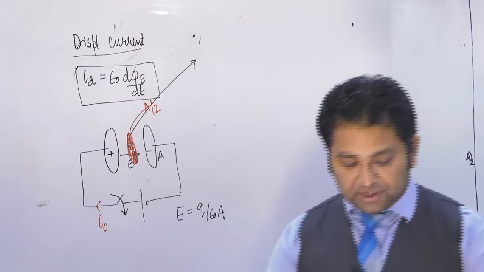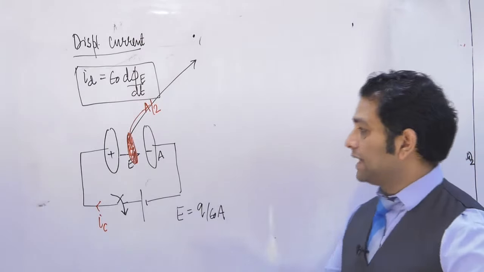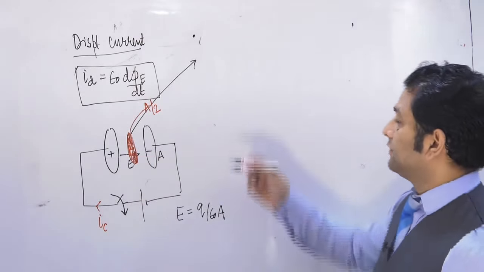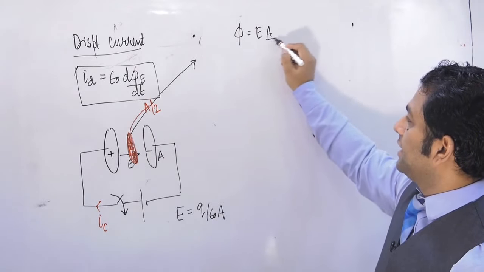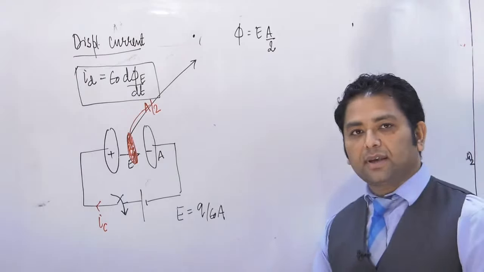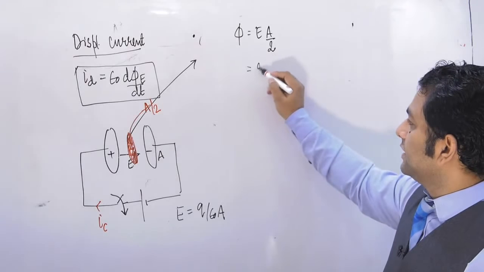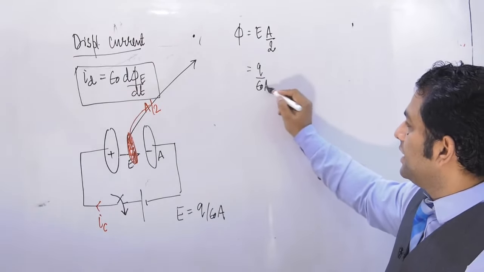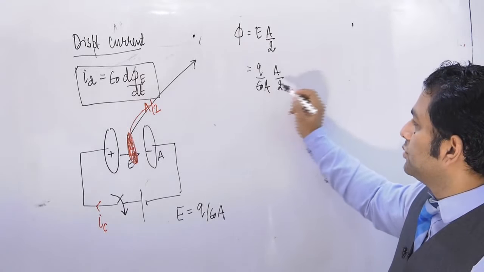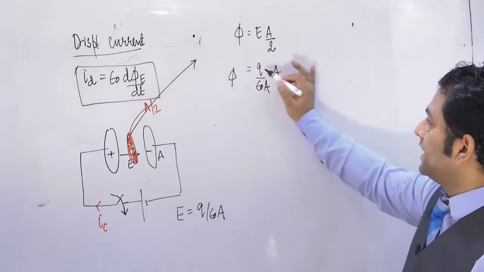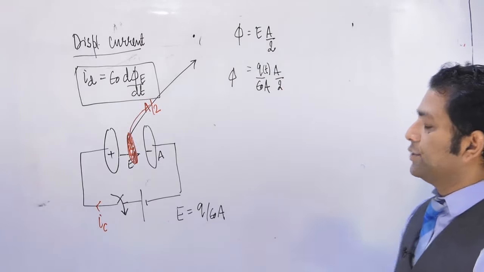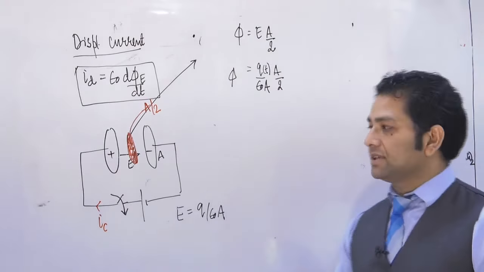Okay, so to start with, we need to calculate the flux here. So first let me say the flux will be E multiplied by A by 2. And the electric field is Q by epsilon naught A, multiplied by A by 2, where Q is the charge at any instant of time, so you better write it as Q(t). That's how it comes.